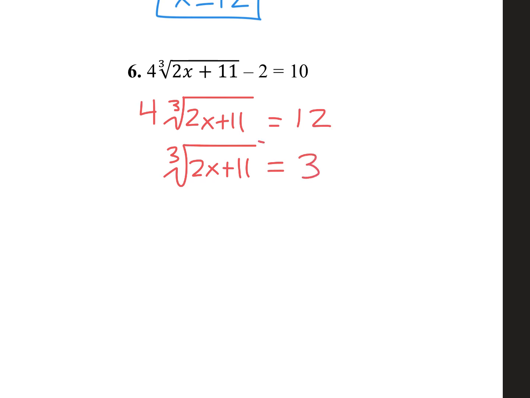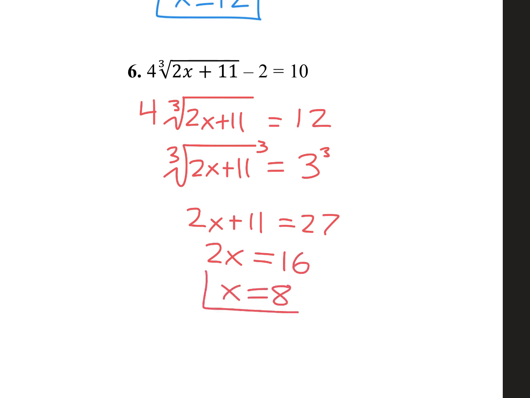Now we cube both sides because the index is 3. That gets rid of the radical. We get 2x plus 11 equals 27. Now we're 2 steps away. All right, x equals 8. And again, you don't really have to check your answer when the index is odd, as long as you avoid careless mistakes.